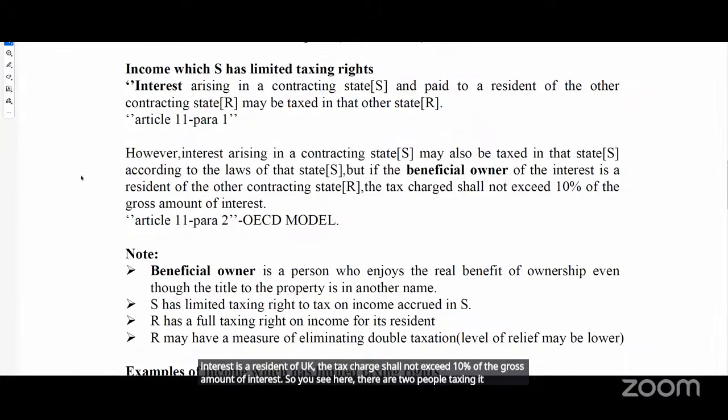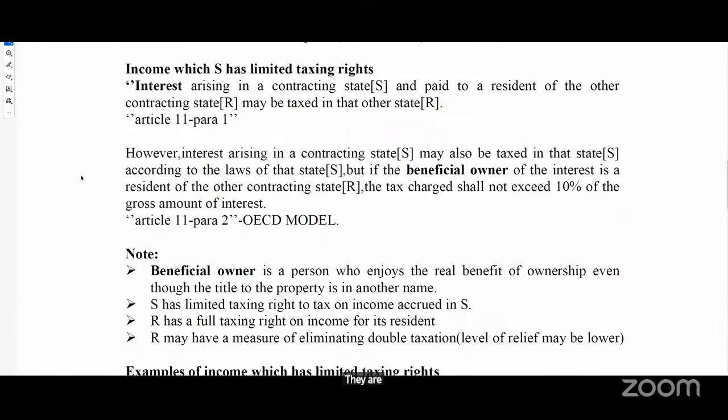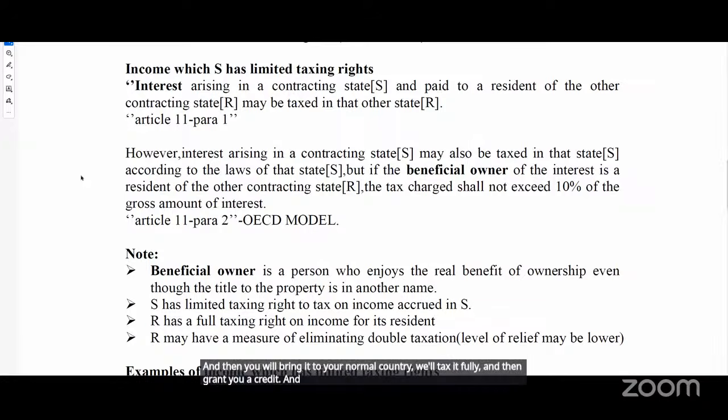So usually interest, dividend, royalties, they are taxed in this way. Are you listening? Yes. We will tax it at a lower rate in the source state, and then you will bring it to your normal country. We'll tax it fully, and then grant you a credit. And this is where that withholding tax rate in the DTA applies. Do you see how it works?